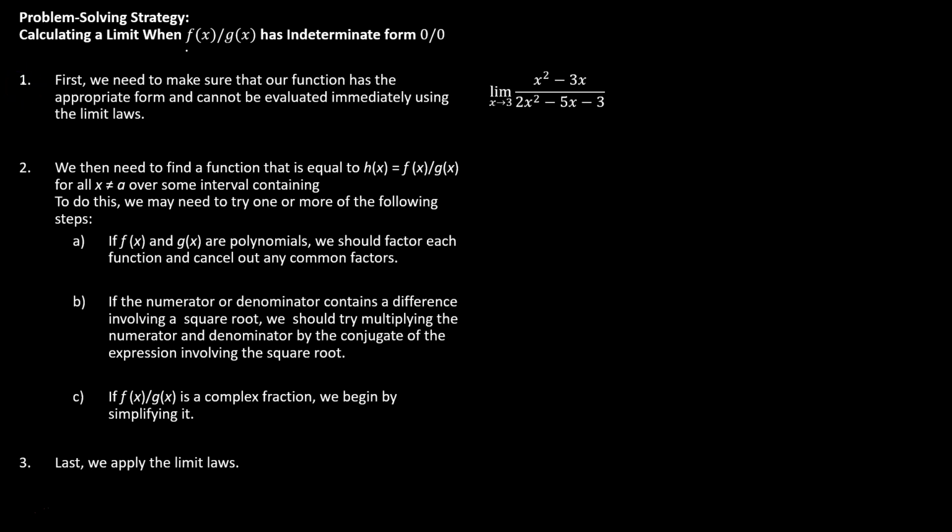If we can use direct substitution or our regular limit laws, we probably ought to do that. So first we're going to check. Let's go ahead and look at the function in the limit that we're trying to evaluate here. X is approaching 3, so we're going to try direct substitution and see if it gives us a problem.